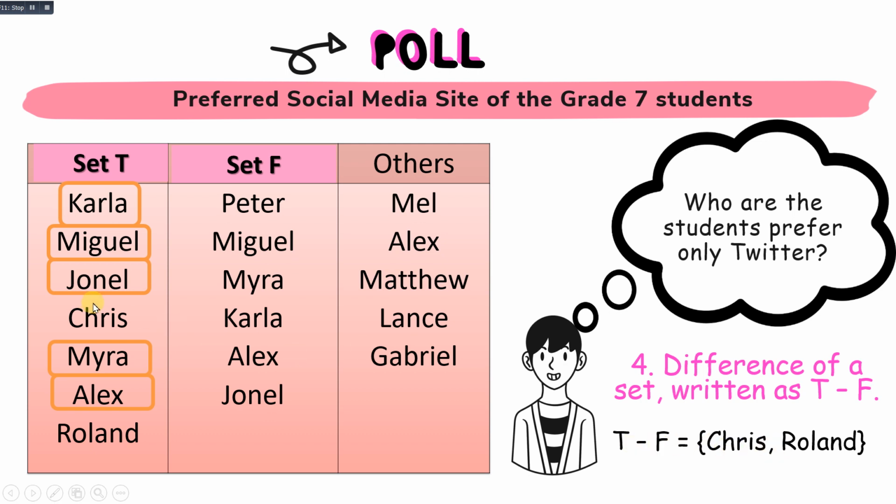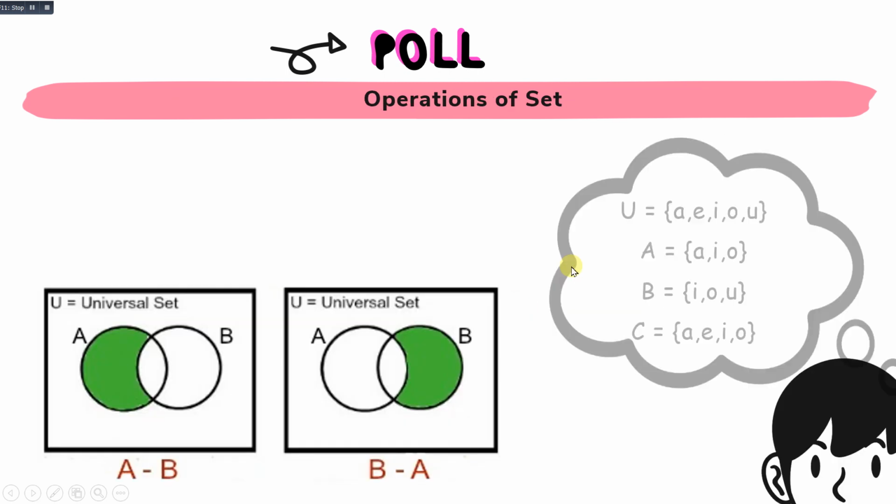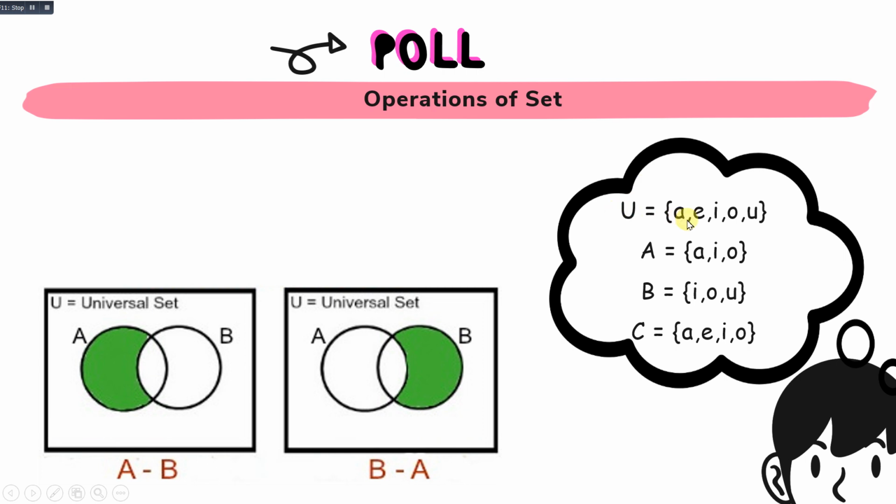Because they are the only ones who prefer Twitter. And for example, I have here U, the universal set, and we have the sets A, B, and C. What is the difference of set A and set B?